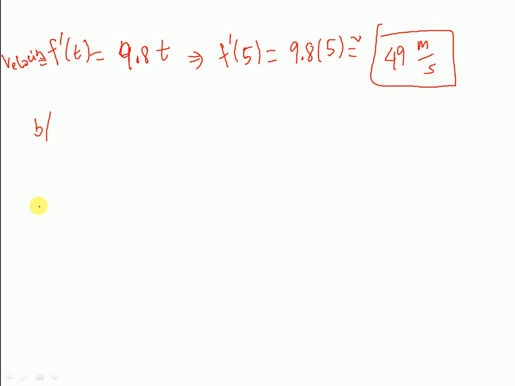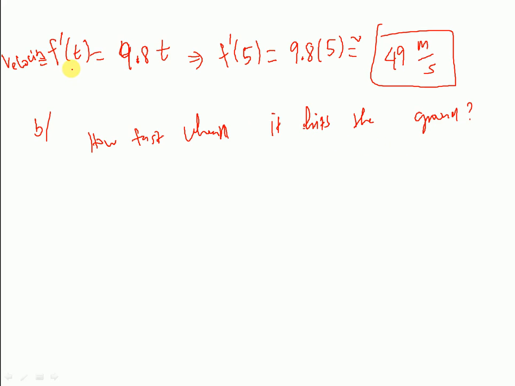Okay, the second part is asking for how fast the ball is traveling when it hits the ground. So we are trying to find the speed or the velocity of the ball when it hits the ground.